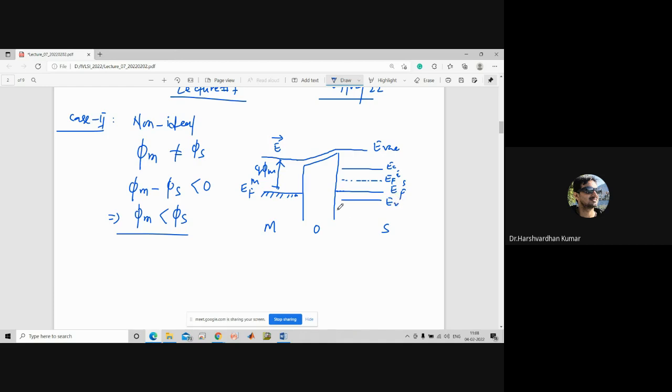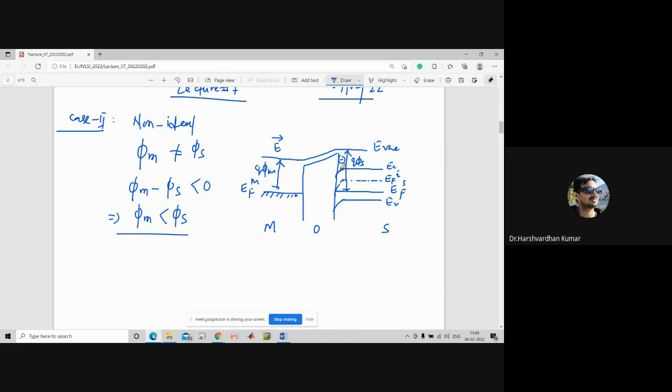So whenever phi m is less than phi s, that is in a non-ideal case, there will be a band bending here, right? Because of the band bending, the band diagram will look like that. This is q times phi s.